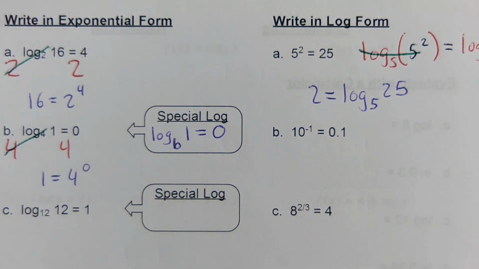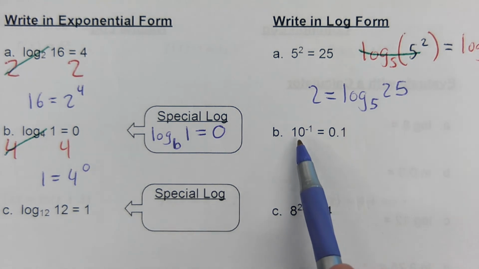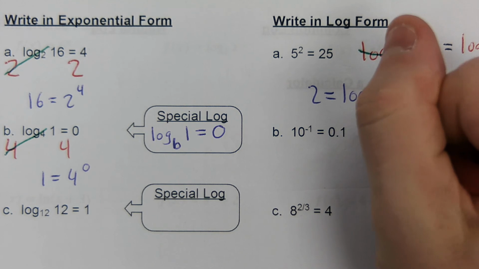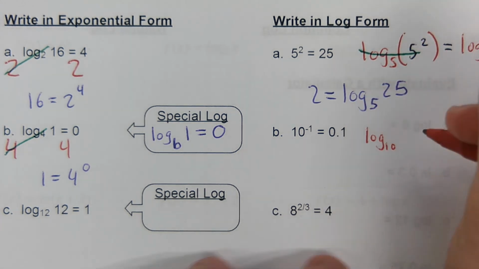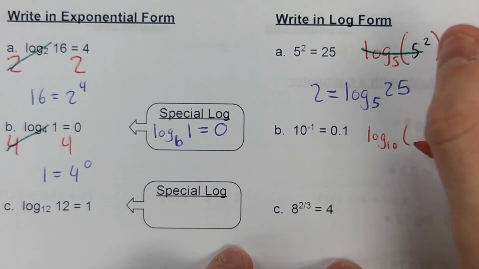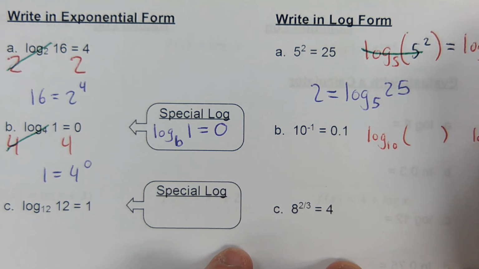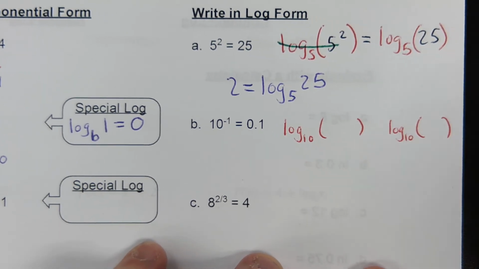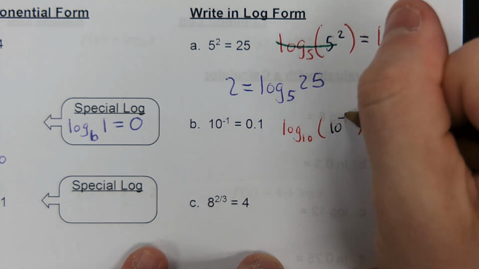But I want to take this exponential statement and put it in log format. That means I need to cancel exponential base 10. So I say, okay, class, how do I cancel exponential base 10? My class would say log base 10. So I'm going to take the log base 10 of both sides. In here I had a 10 to the negative 1.